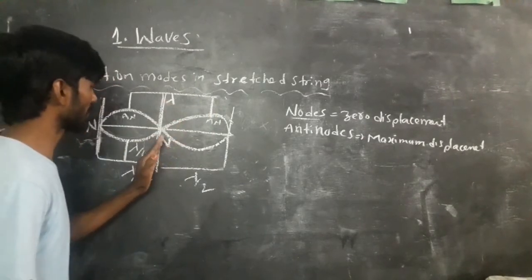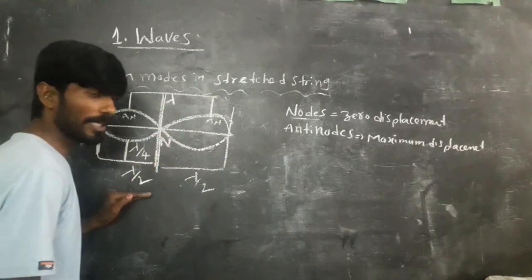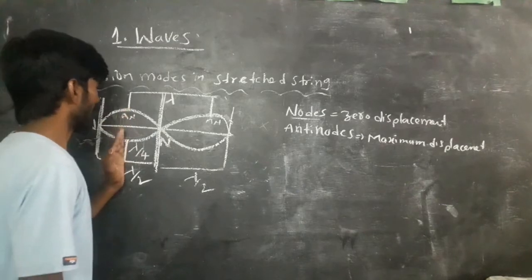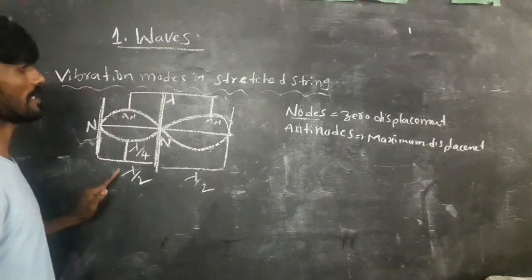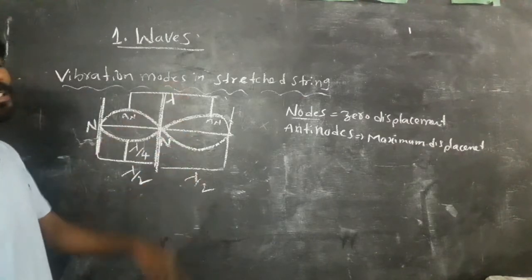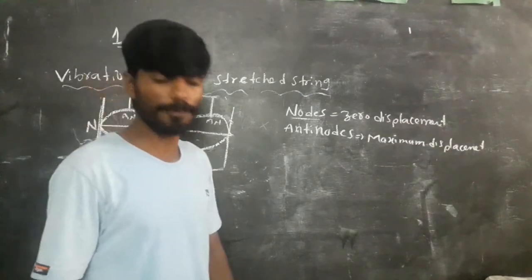The distance between a node and another node is lambda by 2. The distance between a node and an antinode is also lambda by 2. So once again, antinode to antinode is lambda, node to node is lambda by 2, and antinode to node is lambda by 2. Based on these distances we can find the number of vibrations, that is, the frequencies.